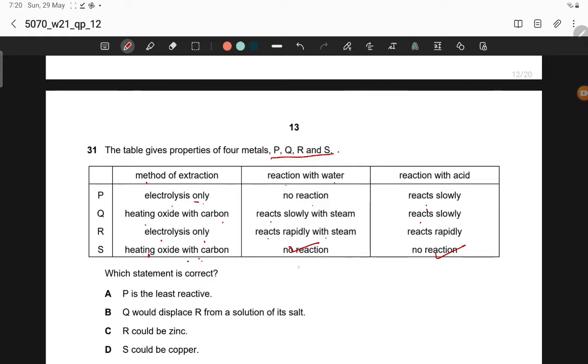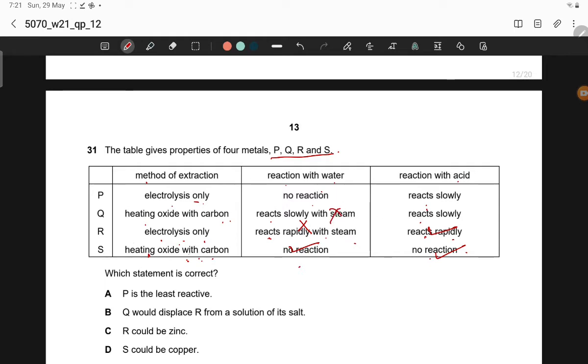P, Q, R, S. Heating with carbon, no reaction with water, reaction with acid, no reaction. Heating oxides with carbon, reacts slowly with steam, reacts slowly.